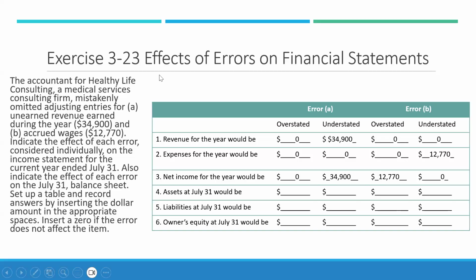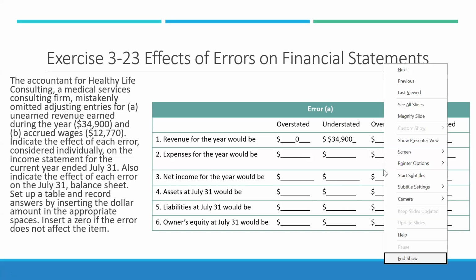I'm a little confused what I'm doing. Net income for the year would be understated by 34.7, and I'm trying to think what the error B is. Let me look back here. Sorry, guys. I'm trying to figure out what I did wrong.